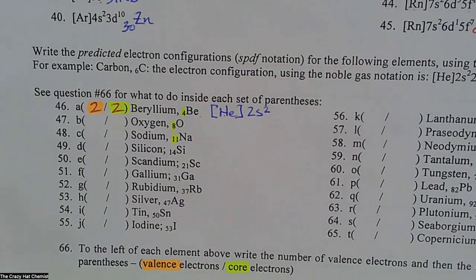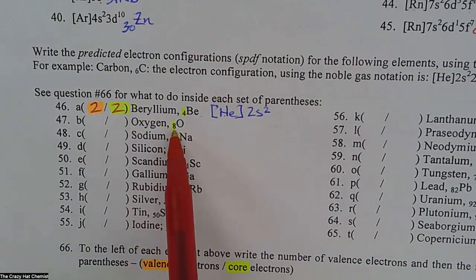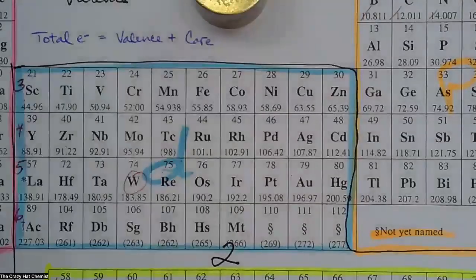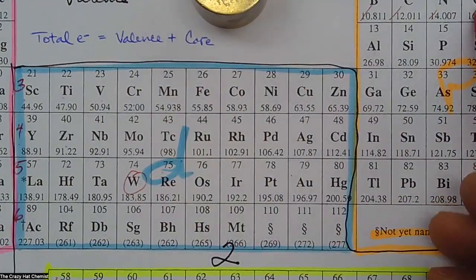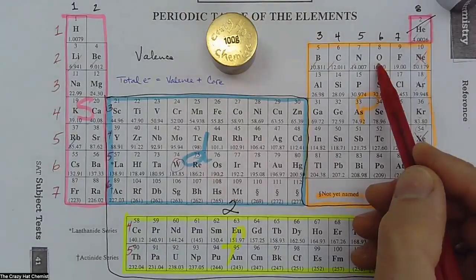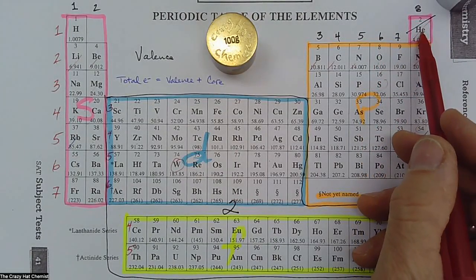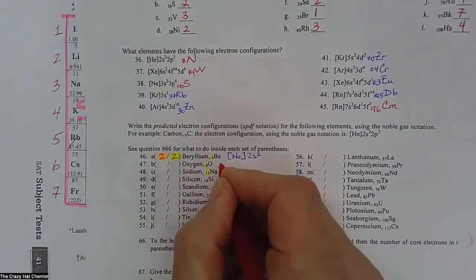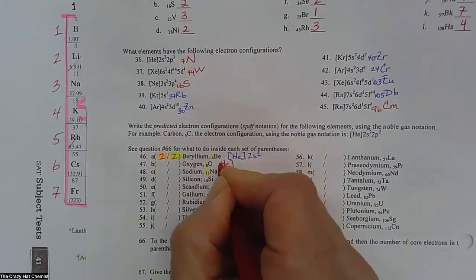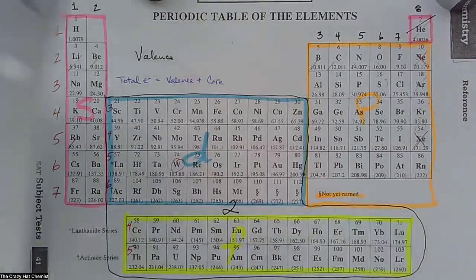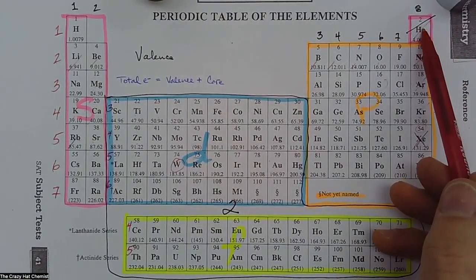All right. The next one is going to be oxygen. That's at atomic number 8. Okay, so I'm going to find oxygen on my periodic table here, and that is right here. I'm going to go up one period, slam it to the far right. That's helium. So I'm going to write down helium, using my noble gas notation. So helium in brackets. And then I'm going to write everything after helium until I get to oxygen.